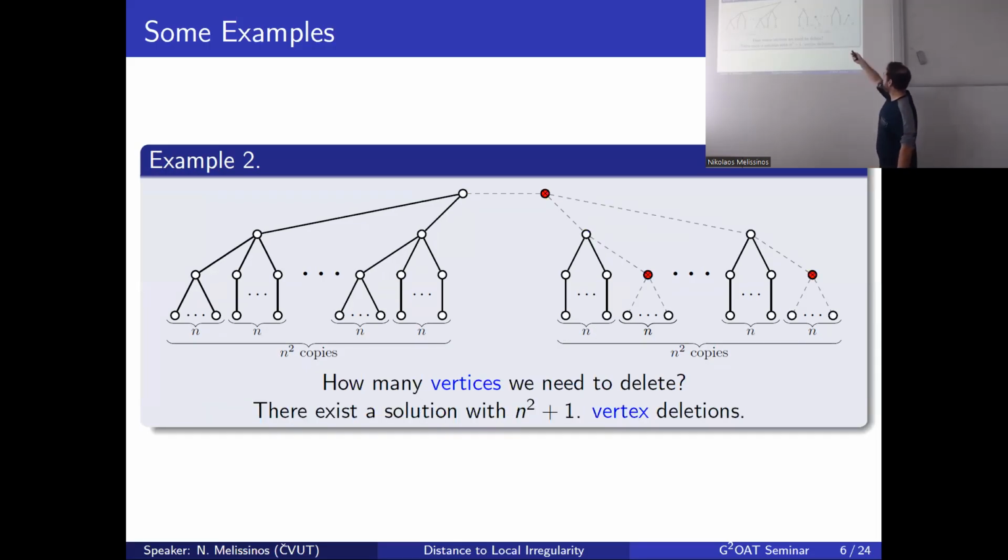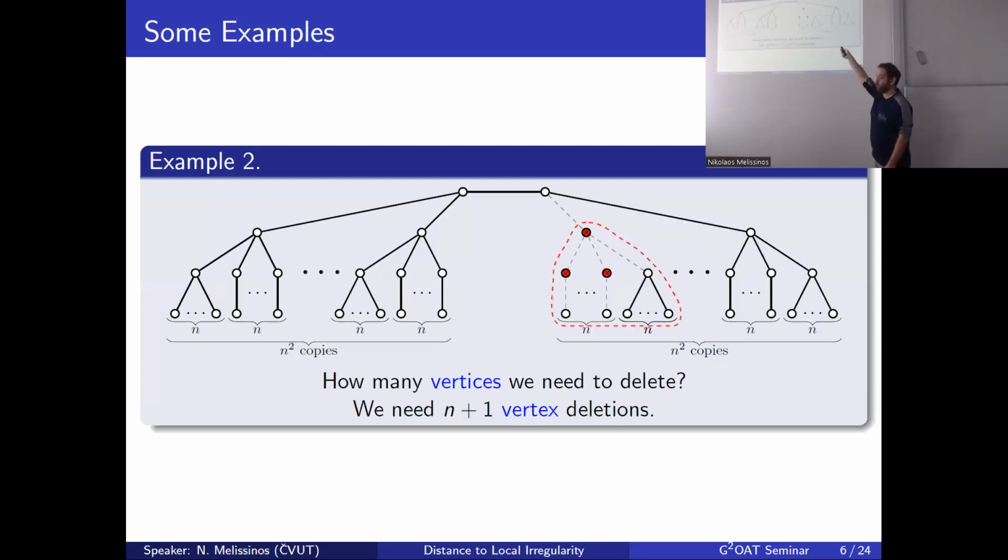However, if I delete all those vertices, then I have a solution of n squared plus 1, sorry. If I delete from one gadget all of those vertices, then I have a solution with n plus 1, and you can try to see that this is also optimal.